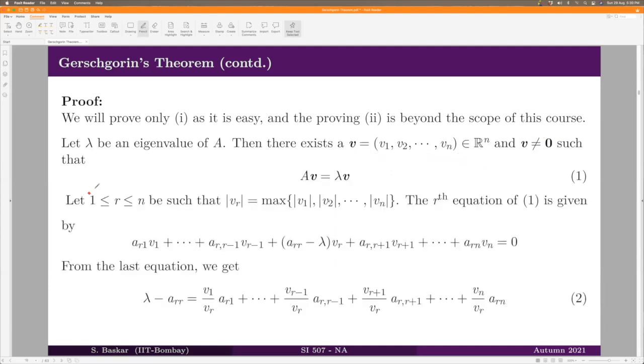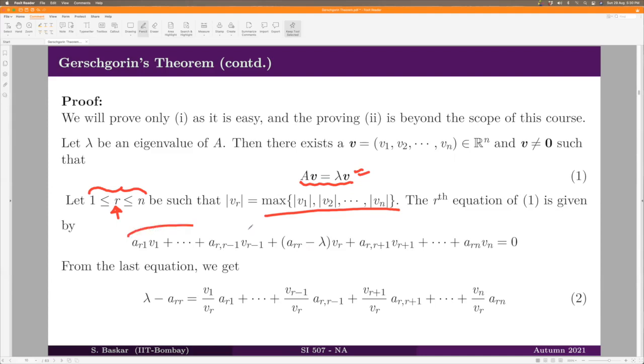Now let us take the index of V at which the maximum norm is achieved. You take the maximum norm of V and see at which index it is achieved. You take one such index as r, and see how the rth component of this linear system looks.